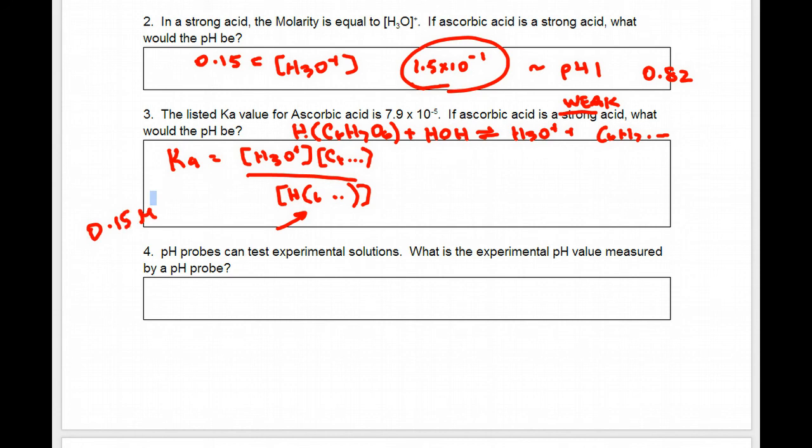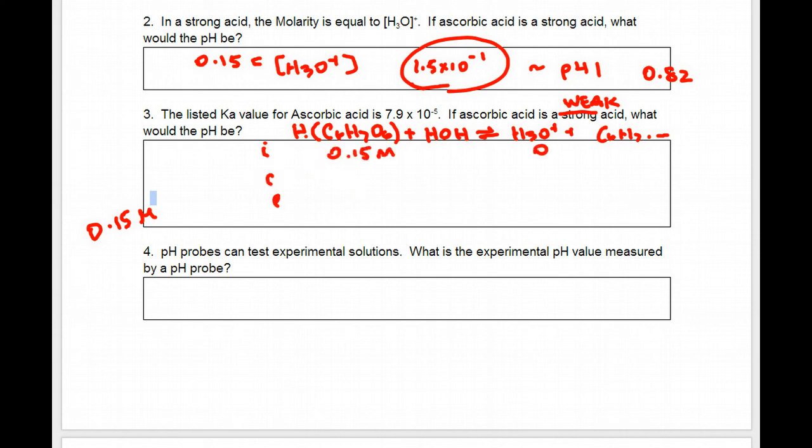So we have to figure out an ice table actually. So let's go ahead and do that right now. What we're saying is the initial is 0.15 molarity, and because these are both products, 0 and 0. This is minus x, this is plus x, plus x. What we end up having is 0.15 minus x, and then we've got x over here and x over here.